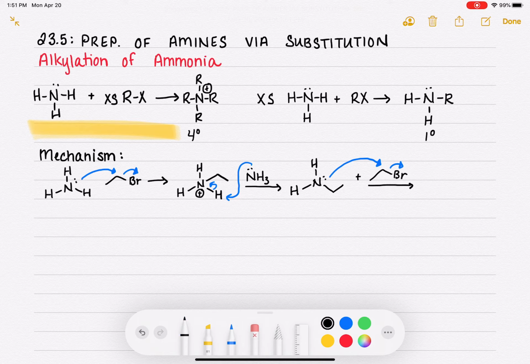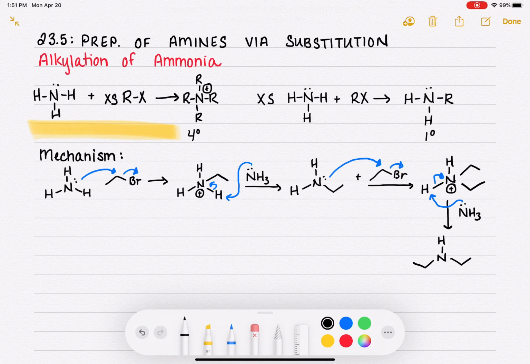So as the reaction continues, that lone pair of electrons again grabs another, in this case, another ethyl group, and makes a positively charged nitrogen. And that positively charged nitrogen is going to get deprotonated by, I'm always showing it being deprotonated by ammonia, but it certainly could be deprotonated by any nitrogen with a lone pair. It doesn't have to be ammonia doing it again. So now we have this guy.